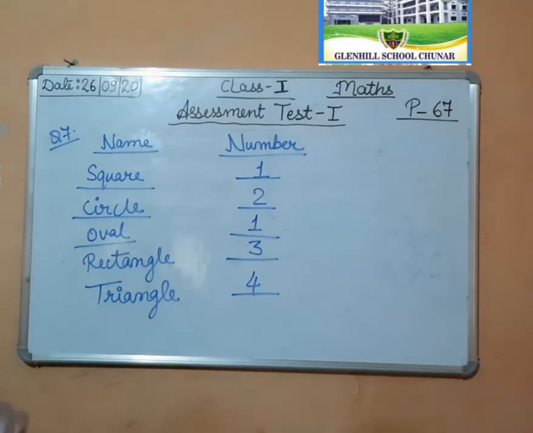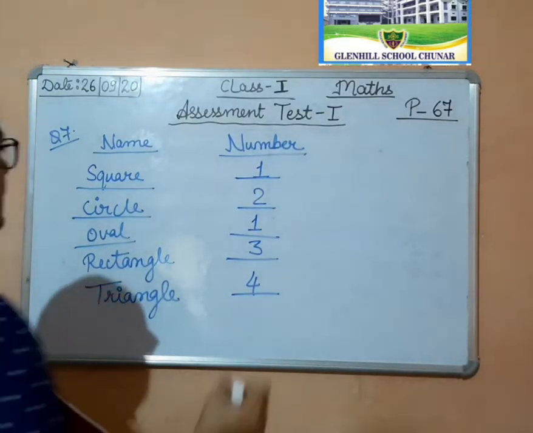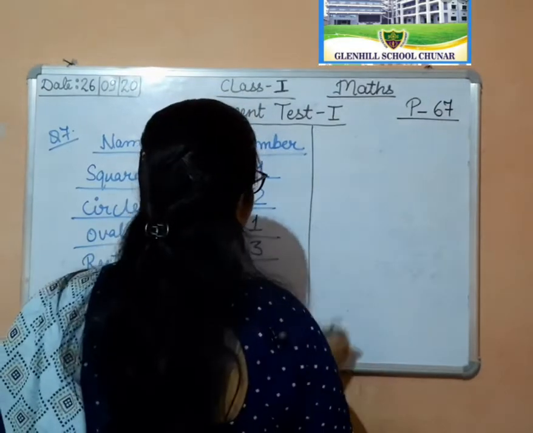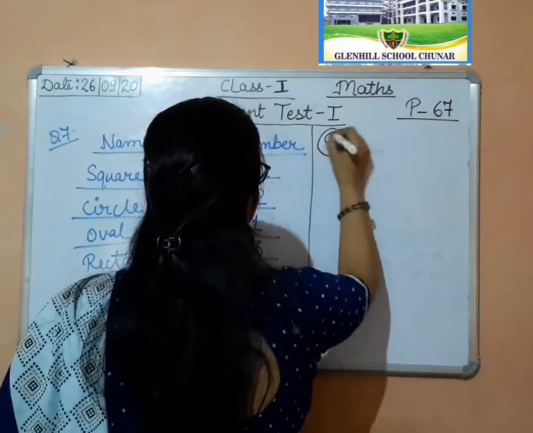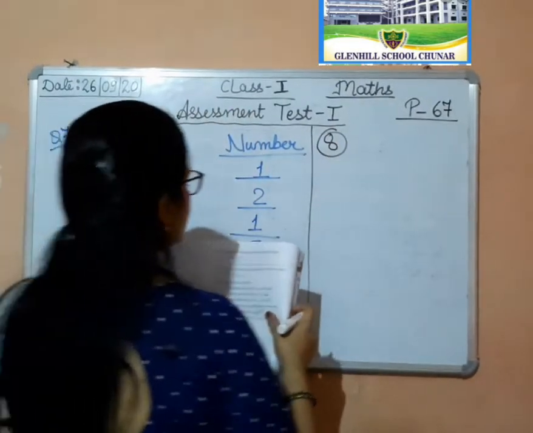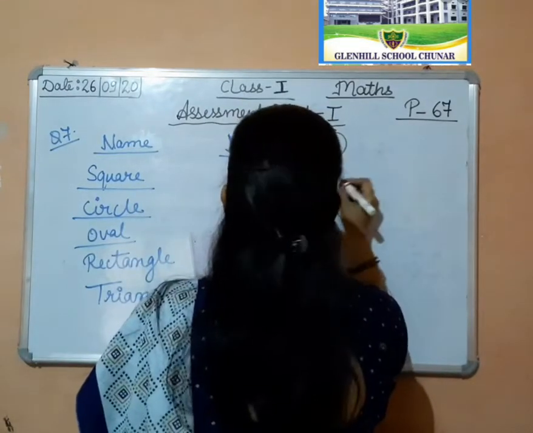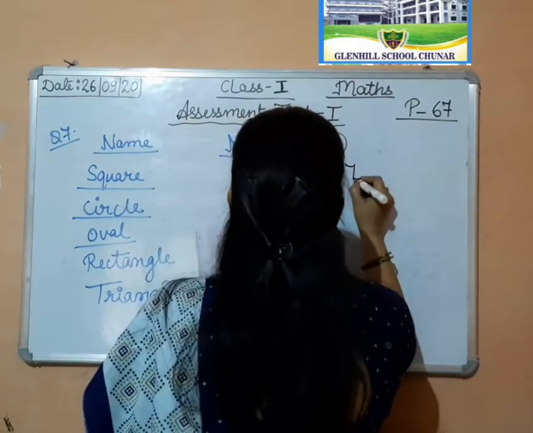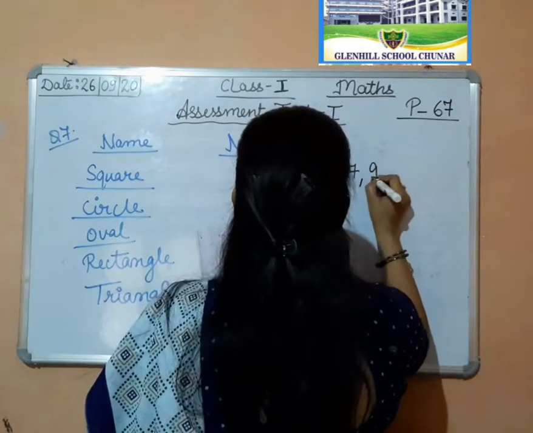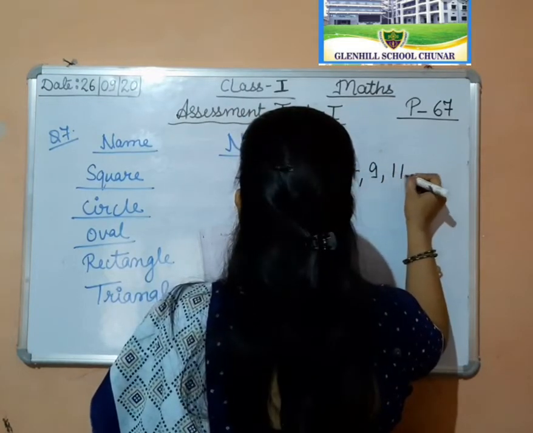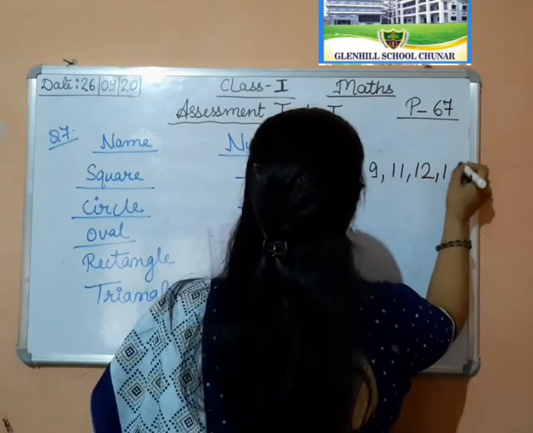Now question number 8. Question number 8 I am writing here. Arrange in increasing order. A. So first one is 7, then 9, then 11, then 12, then 15.